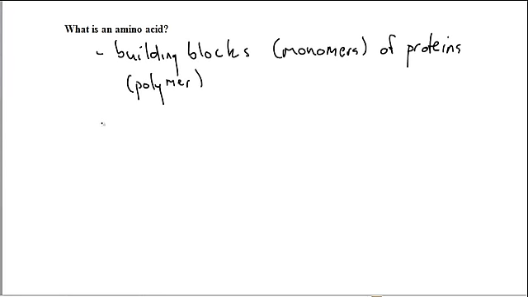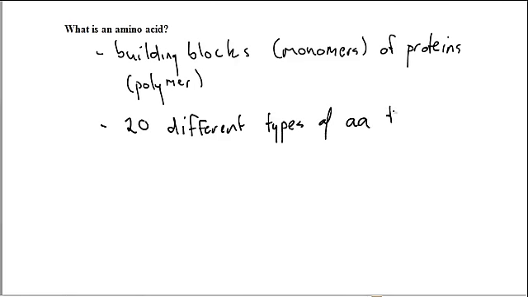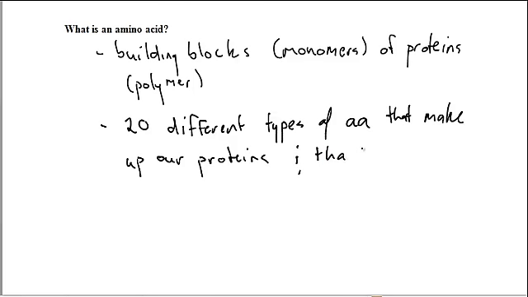And indeed, there are 20 different types of amino acids that make up our proteins, and that all share a common structure.